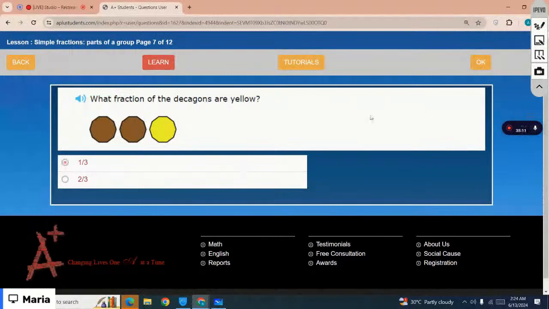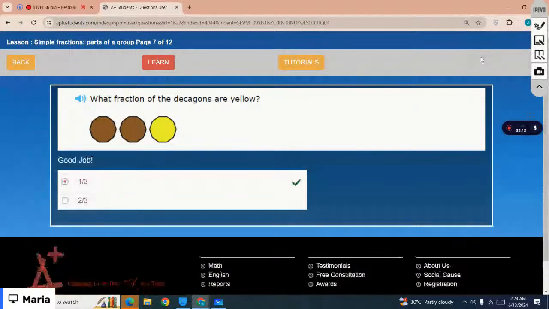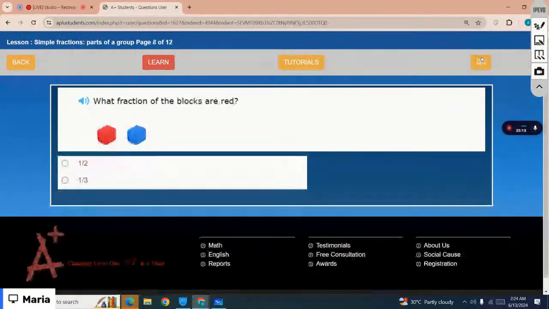Option number 1 is the correct option. What fraction of the blocks are red? Yes, that is 1 out of 2.